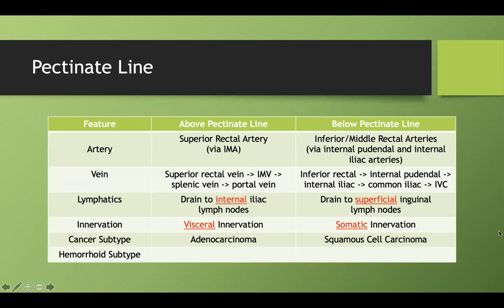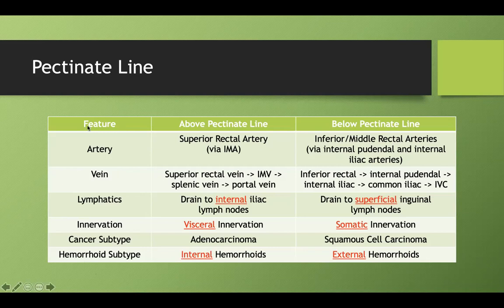And when we look at what type of hemorrhoids are going to form in each of these regions, above the pectinate line, you're going to get internal hemorrhoids, whereas below the pectinate line, you're going to have external hemorrhoids. And again, the name kind of speaks for itself. An external hemorrhoid sounds much closer to the surface. And that's why I like this mnemonic, because it holds true for each of these four.